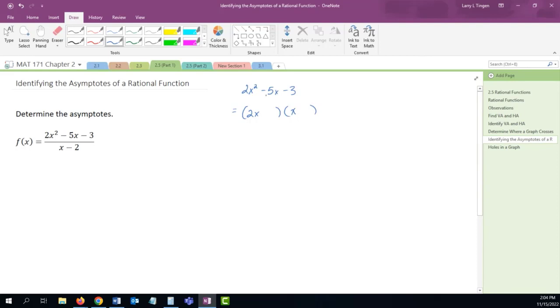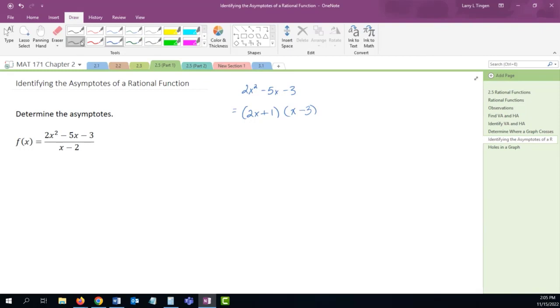I need to get -5x. Well, if I multiply the 2x by -3, and then I multiply the x by 1, do I get it? 2x squared minus 6x plus 1x, so minus 5x, times -3.